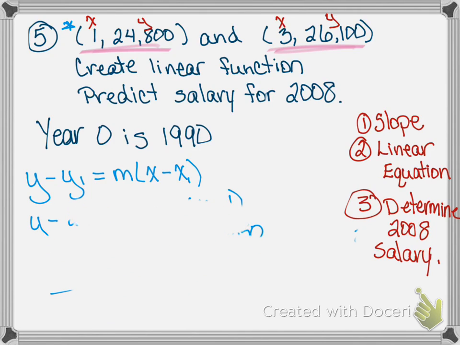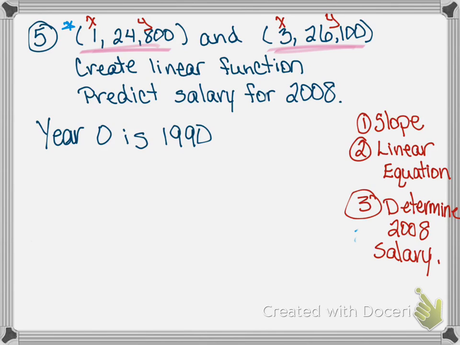The part that sometimes students get confused is they want to plug in 2008 for X. But year 0 was not 2008 years ago. Year 0 is in 1990. And so I want to know what is happening in 2008. If year 0 is 1990, and year 1 is 1991, and year 2 is 1992, what is year 2008?